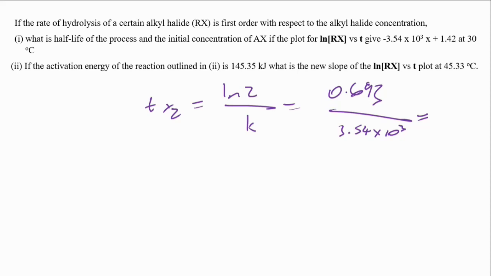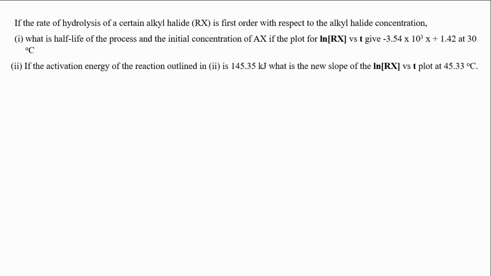Let me see if I can work it out and get a value. All right, I have a value of 1.958 times 10 to the minus 4. That's my value. The other part of the question asks us about the initial concentration, and as I said, this should be RX.